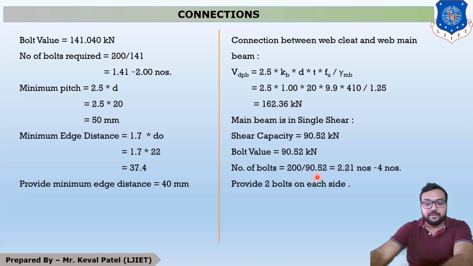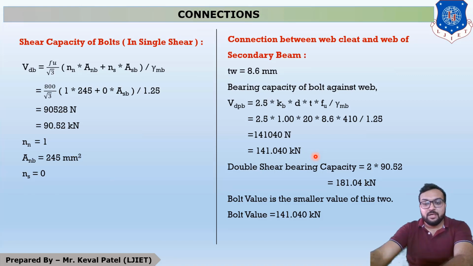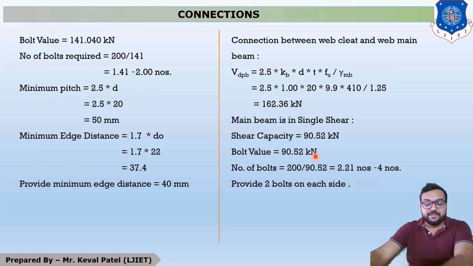It is 200 divided by 90.52, so it is 2.21 numbers. But you can see that our answer is 4, because 2 bolts are provided over here and another 2 bolts are provided over here. Okay, so students, this is the end of our example number 1.